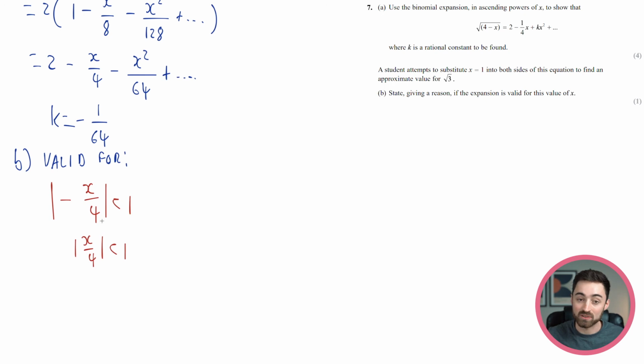I can multiply both sides by 4 to get the modulus of x has to be less than 4. In other words, I'm allowed to use this expansion if the value of x I want to eventually sub into it, the modulus of it is less than 4. Is the modulus of 1 less than 4? Yeah, it is, isn't it? So yeah, it's valid, basically. We are completely allowed to do that.